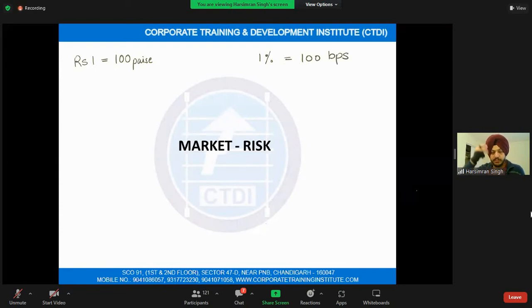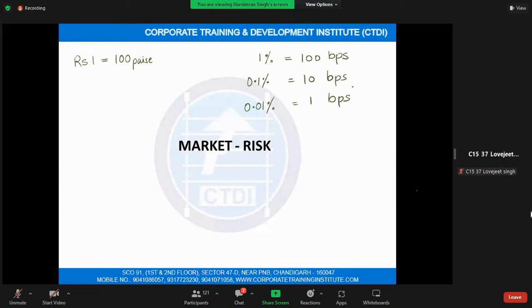Basis point is a smaller unit of percentage. So that means 0.1% is equal to 10 basis points. That means 0.01% is equal to 1 basis point. Is it clear or not?